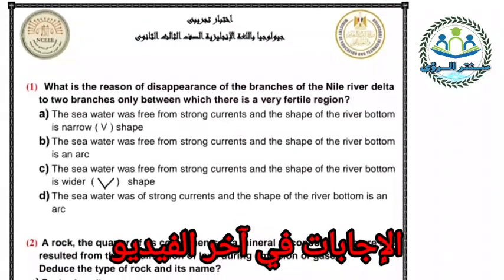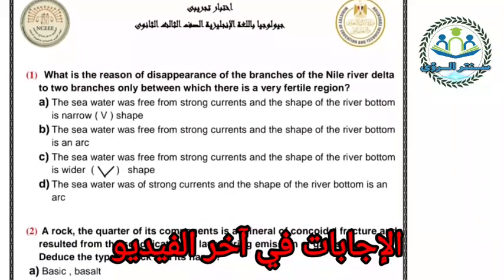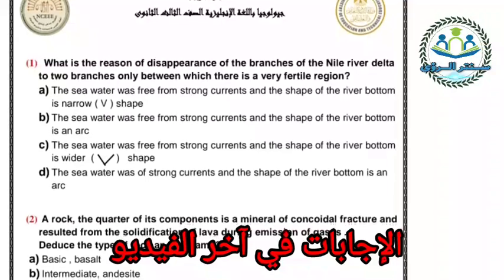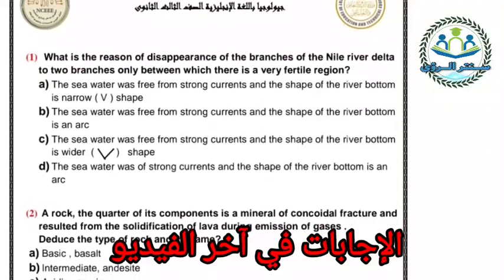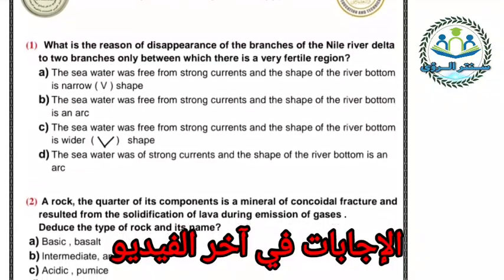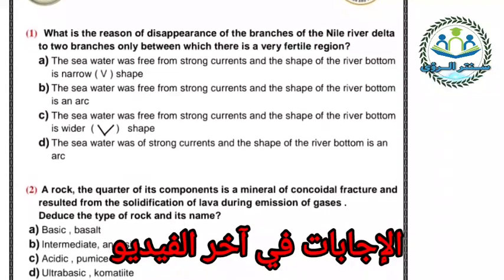1. What is the reason of disappearance of the branches of the Nile River Delta to 2 branches only, between which there is a very fertile region? A. The sea water was free from strong currents and the shape of the river bottom is narrow V-shaped.